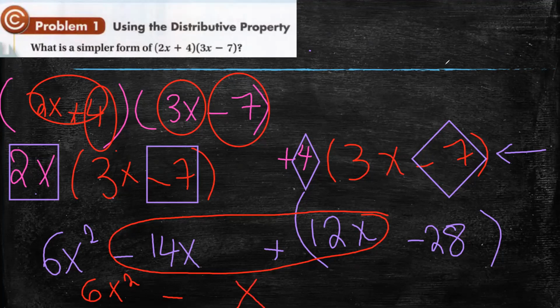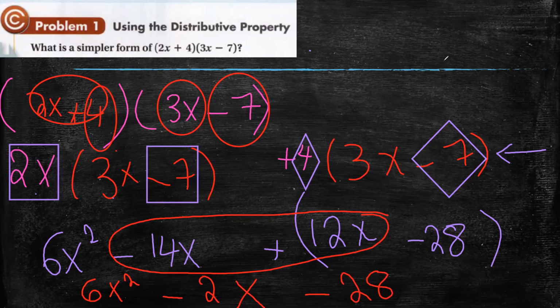Negative 14 plus 12 equals negative 2, so negative 2x, then minus 28. This is the final answer: 6x squared minus 2x minus 28.